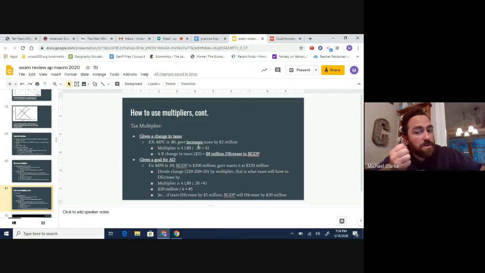So it's going to be a decrease in GDP. 0.80 of MPC means that your MPS is 0.20. So 0.8 divided by 0.2 is 4. Your multiplier is 4. 4 times the $2 million, that's the increase in taxes, means that GDP is going to decrease by that much in real GDP.